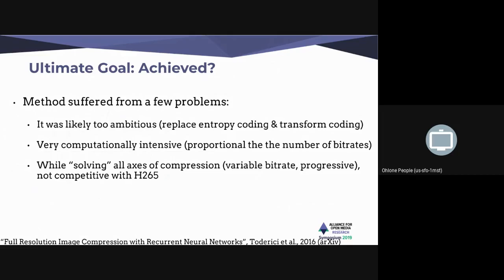It was a nice method that we can look at now and say, hey, it has these desirable properties, but it doesn't have the speed property. And also, it wasn't really competitive with the state of the art at the time. It was better than JPEG, which was a pretty big achievement for the time, because nothing using a neural method had been better than JPEG. And I'm talking about JPEG 90 here, not JPEG 2000.